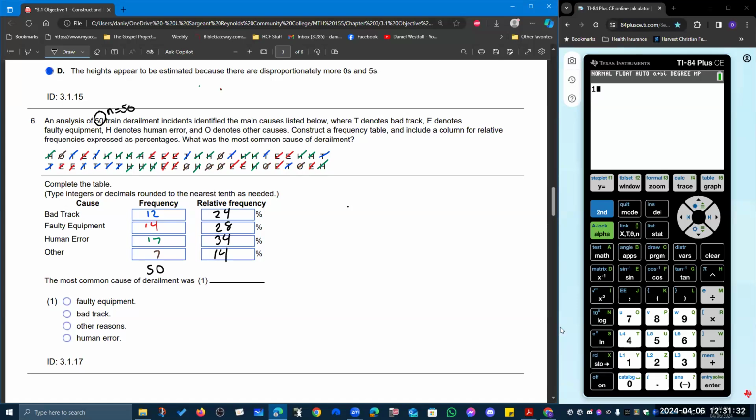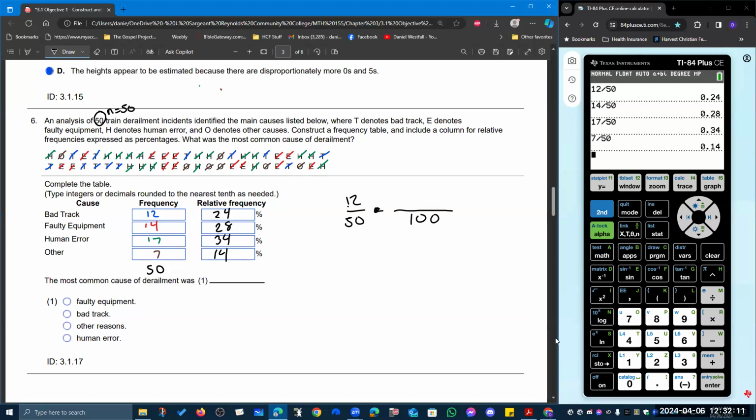Let me show you that. 12 divided by 50 is 24%. 14 divided by 50 is 28%. 17 divided by 50 is 34%, and 7 divided by 50 is 14%. The reason that I knew that is, if I want to change it to a percent, that means out of 100.